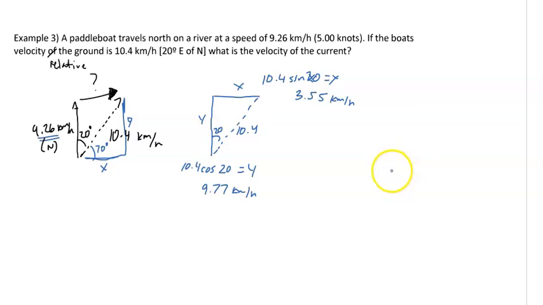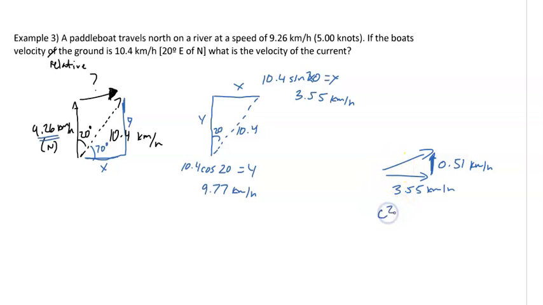In fact, the current is taking us with a northern component of 0.51 kilometers per hour. We have that easterly component of 3.55 kilometers per hour, and so now we're just looking for our final answer.